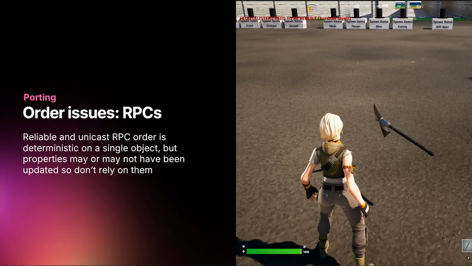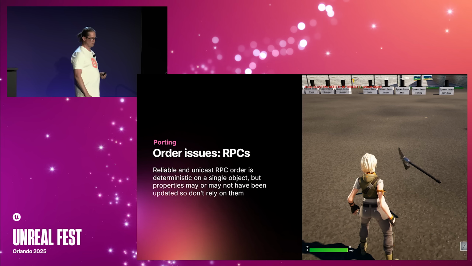Now, we encountered lots of bugs during the porting, and many of them were related to different types of ordering issues. One is RPCs relying on replicated properties that were not updated for one reason or another.